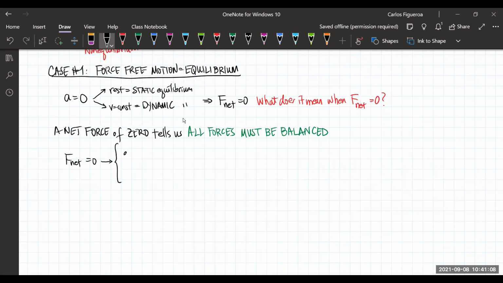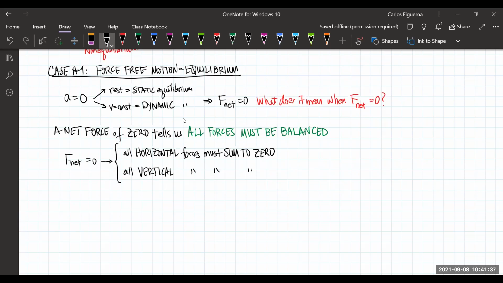So it says that all horizontal forces must sum to 0. And if I'm talking about vertical forces, then I say all vertical forces must sum to 0.